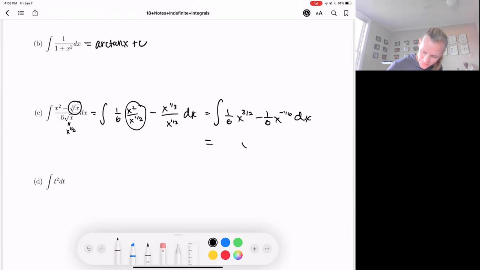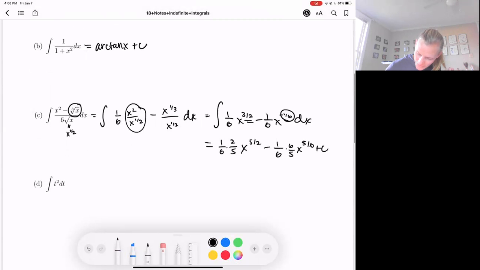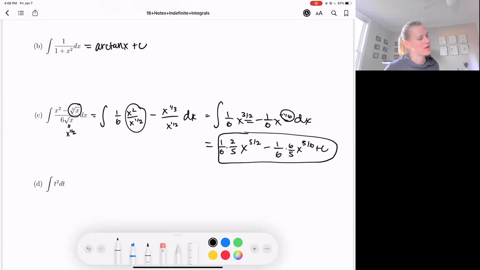Now when I antidifferentiate, if I add 1 to this exponent, I get 5/2. I multiply by 2/5, and I still have that 1/6 up front. For the other term, when I add 1 to that exponent, I get 5/6. I multiply by the reciprocal, so I multiply by 6/5, and I add c. You can certainly simplify those coefficients, but I'm being lazy right now, so I'm not going to.